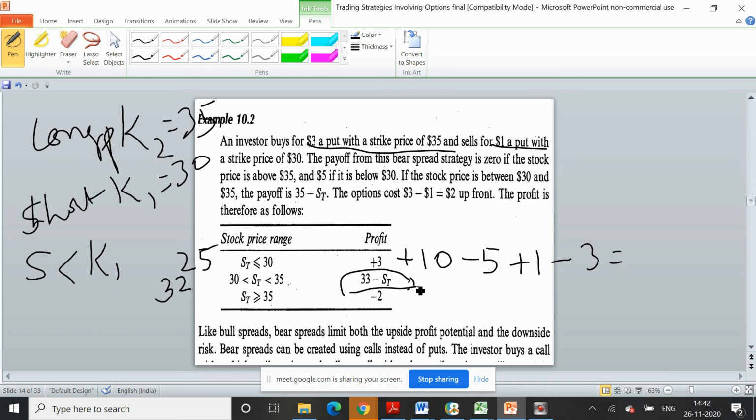If the spot price is greater than 35, let's say 40, after seeing what the long put and short put will do, there will be a loss if the market goes above K2. That is how the bear spread strategy is created using put option contracts.